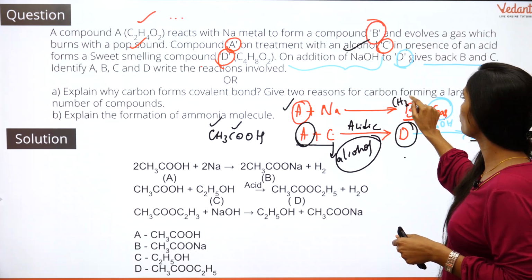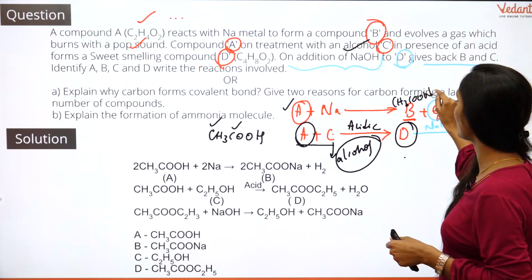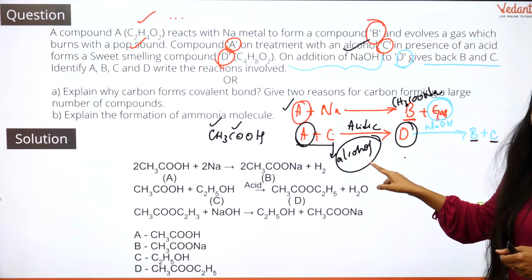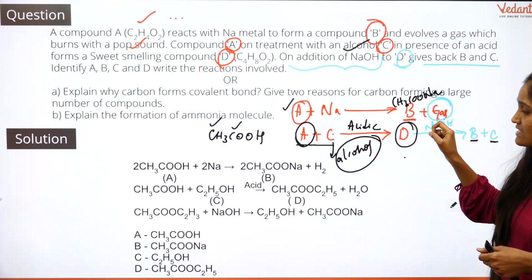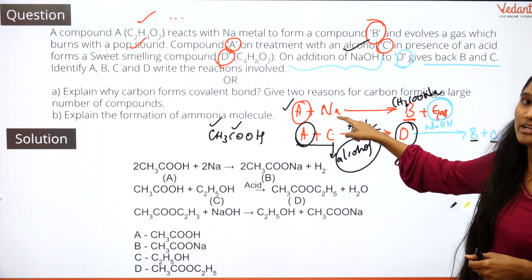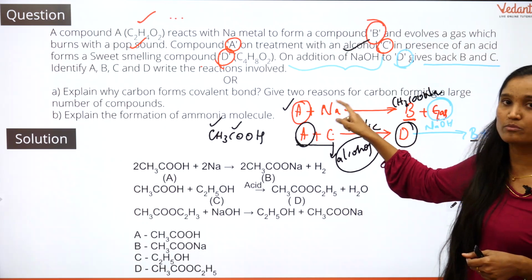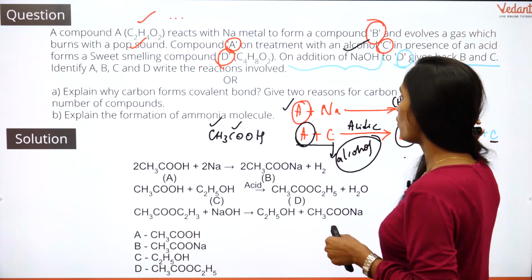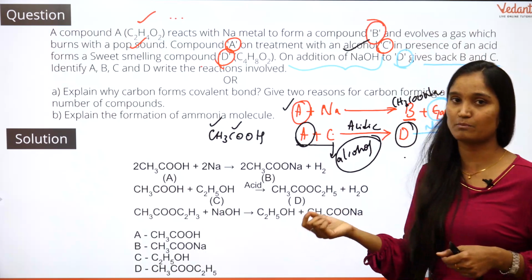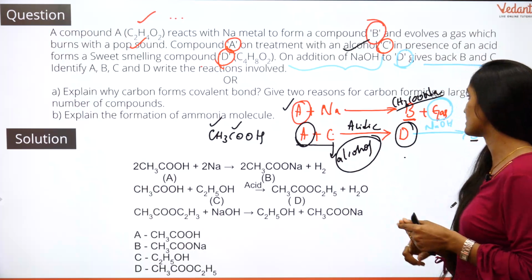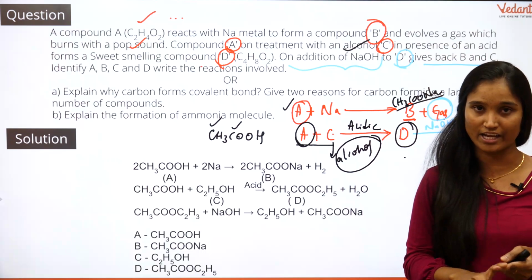B is nothing but CH3COONa. How do I know this is CH3COONa? When A has already been identified as an acid, then as a result of reaction between Na and acid, what could have been the product obtained? It would just have been CH3COONa.